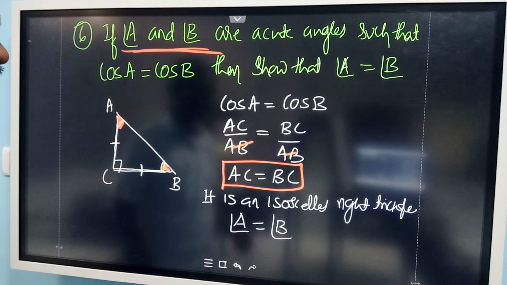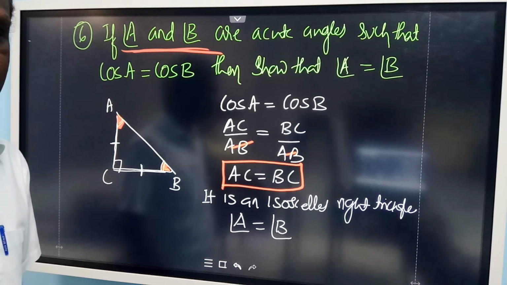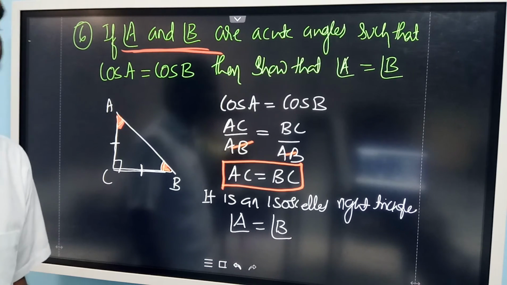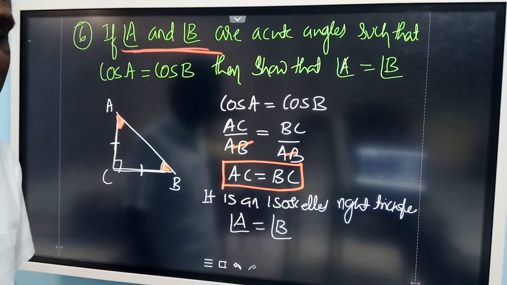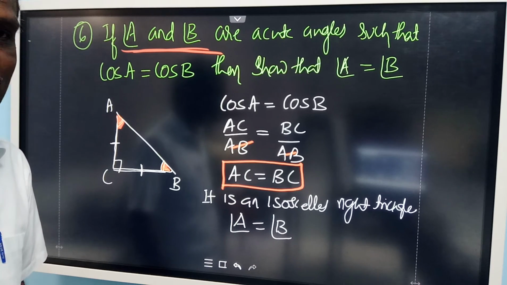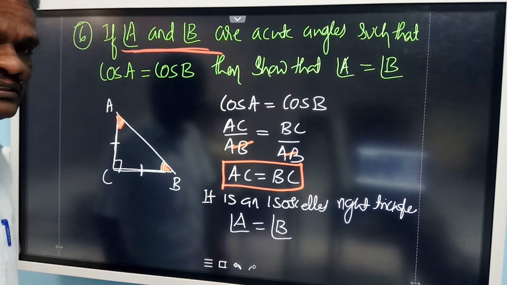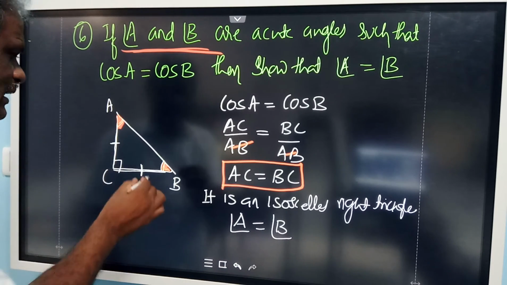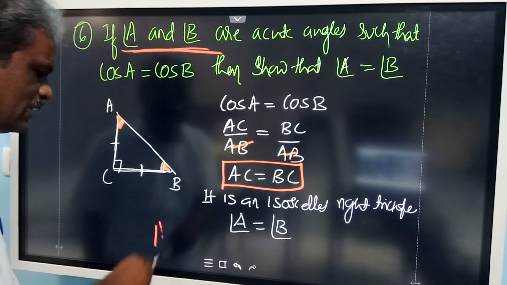In example 2, it was given angle B is equal to angle Q, and we have to prove it there. B and Q are acute angles of two different triangles, ABC and PQR. In such cases, you have to show that the triangles are similar. But here it is very simple. You show that it is an isosceles triangle and that the angles opposite to the equal sides are equal. It is a very simple question.